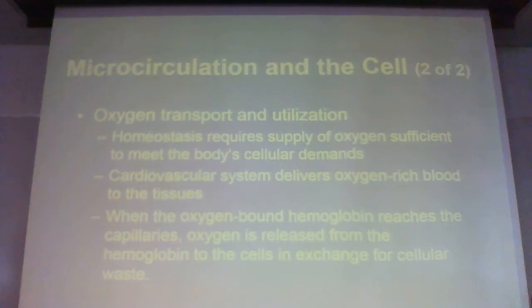Is that correct? Okay, so think about this. What things cause it to go to the right? Okay, 2,3 DPG. Increased temp, so something like fever or just heat generation from exercise.